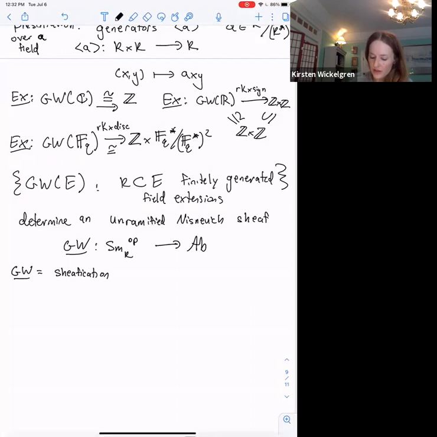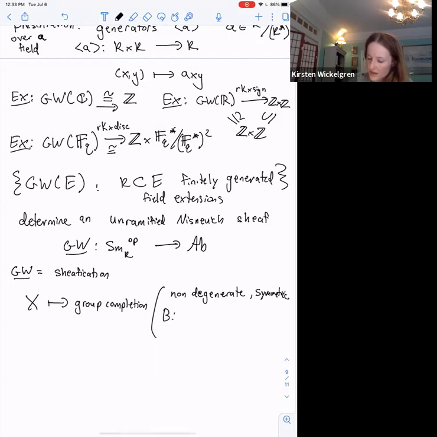So sheafification of sending X to the group completion of the non-degenerate symmetric bilinear forms on a locally free sheaf on X.